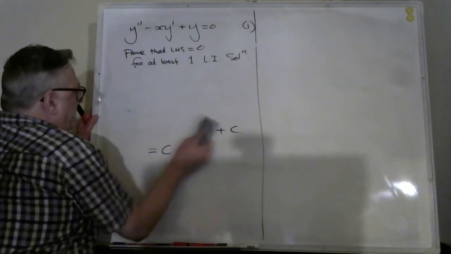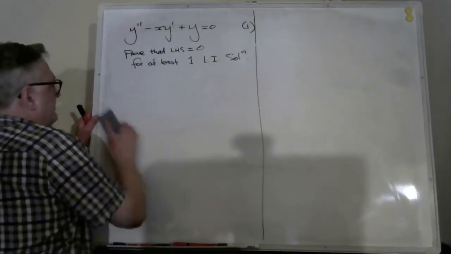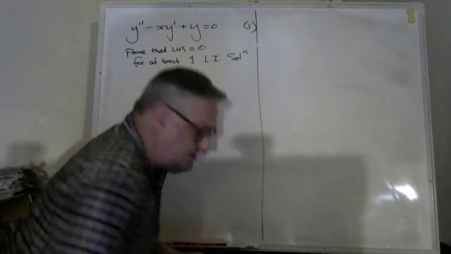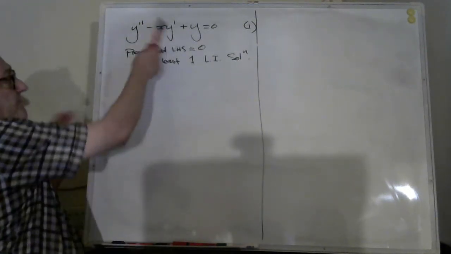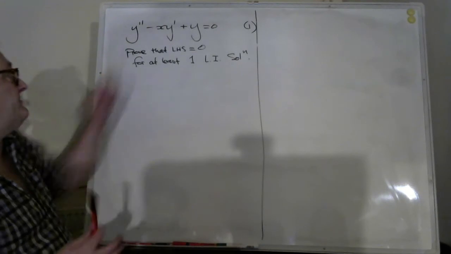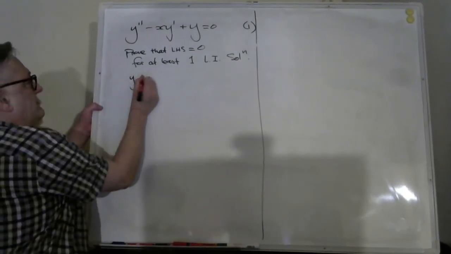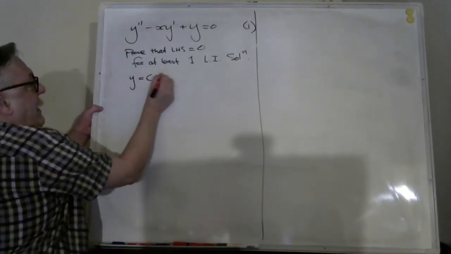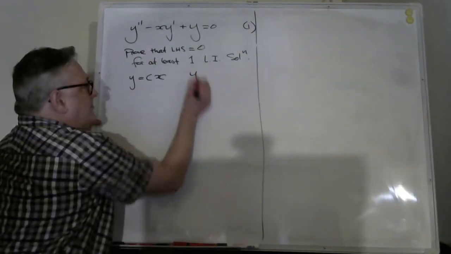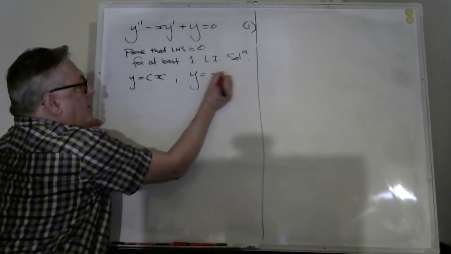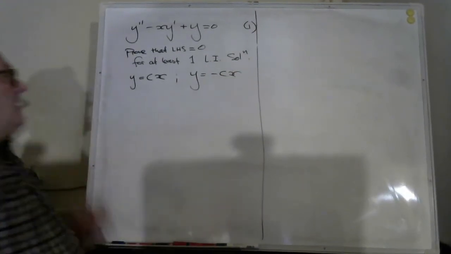Now, as it happens, there are two first linearly independent solutions for this. One of them is a constant times x, but we're going to prove that this works. And the other is y equals minus cx.